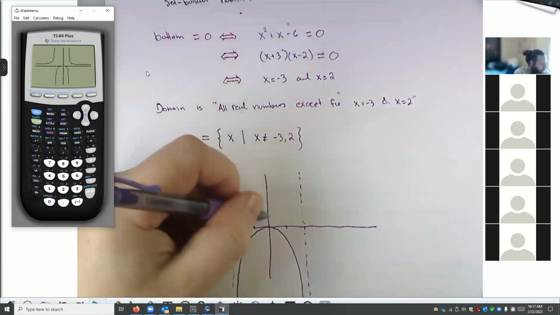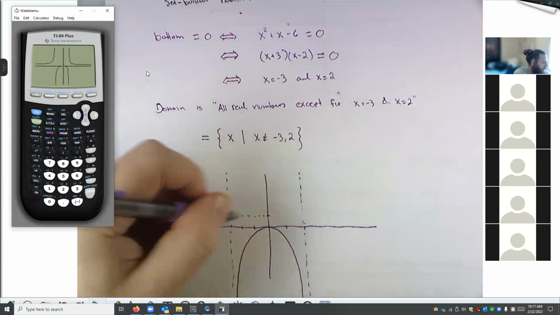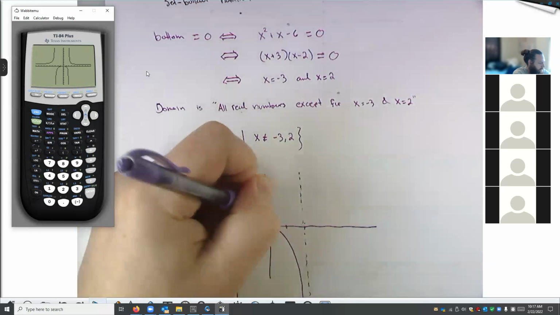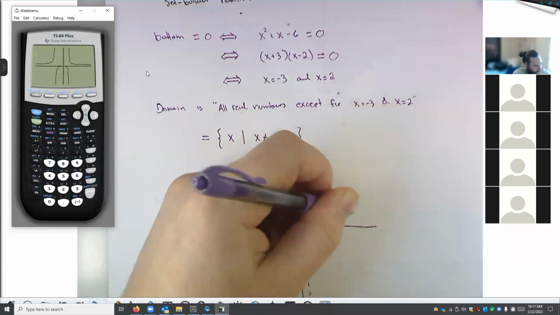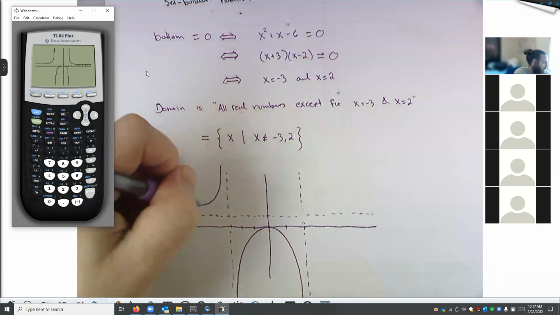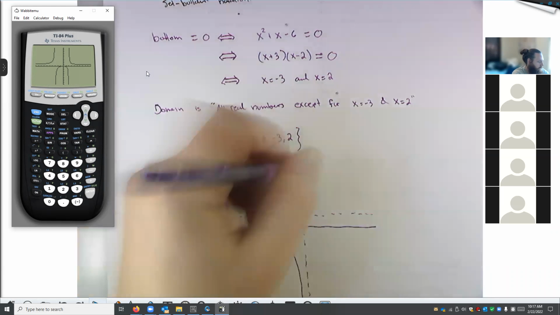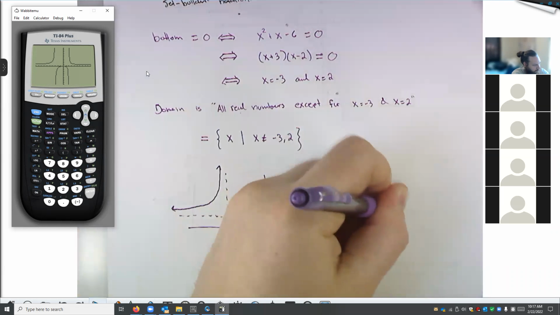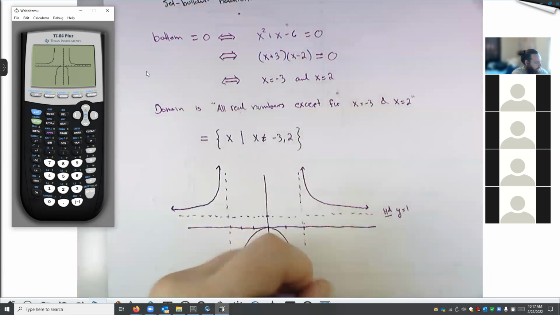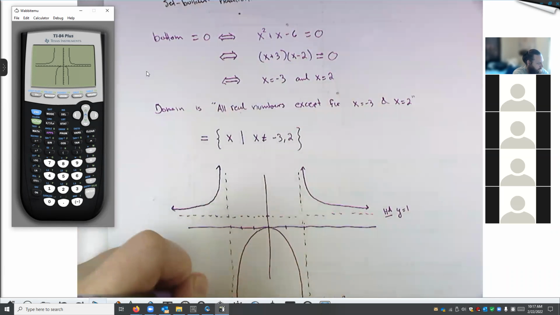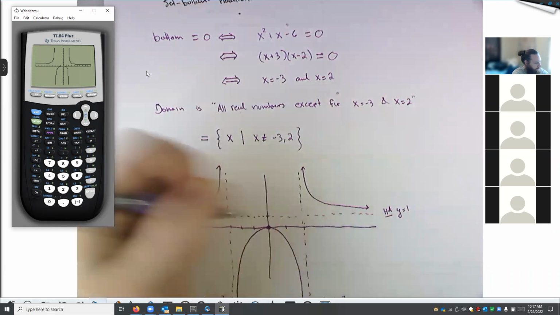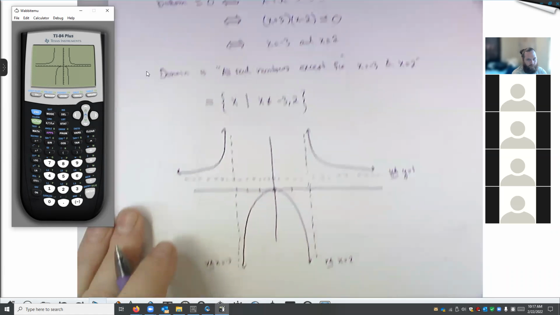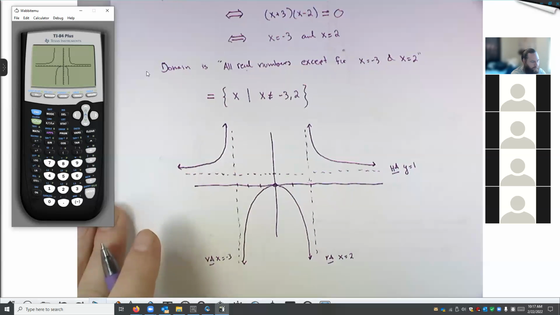And then we have a horizontal asymptote, and little branches here. So HA, y equals 1, VA at -3, VA at 2. And then the point we know for sure is on the graph is the origin. If you're just trying to get a feel for the graph, you're just trying to sketch it, this would be fine.